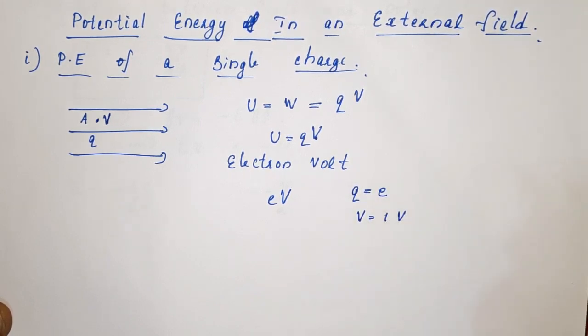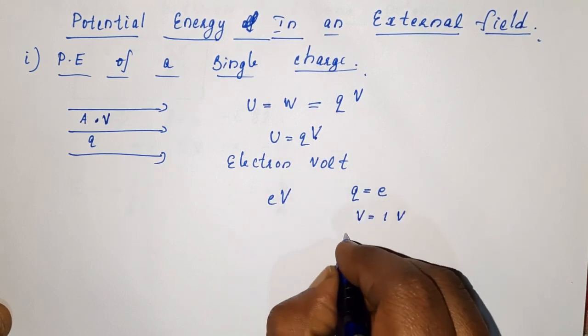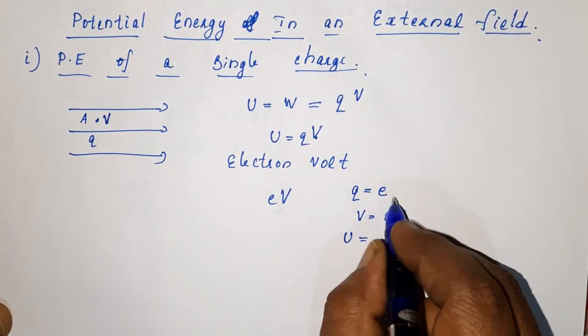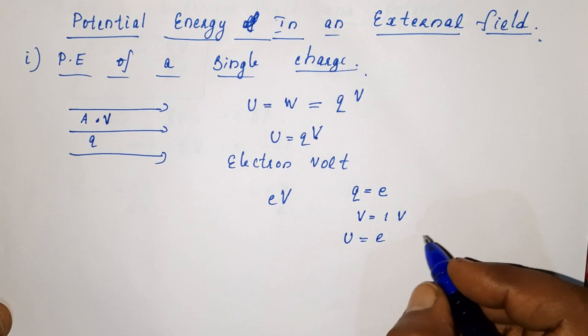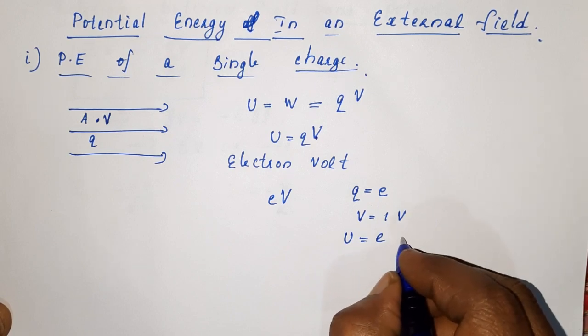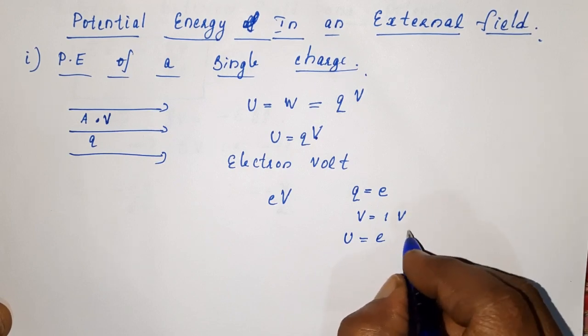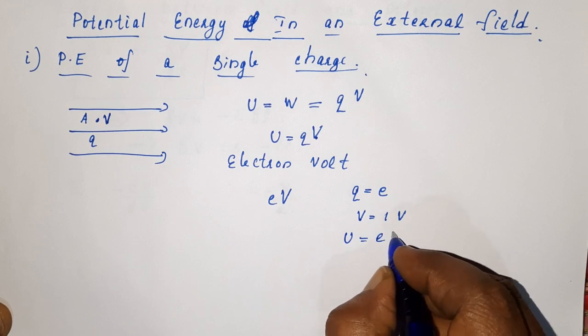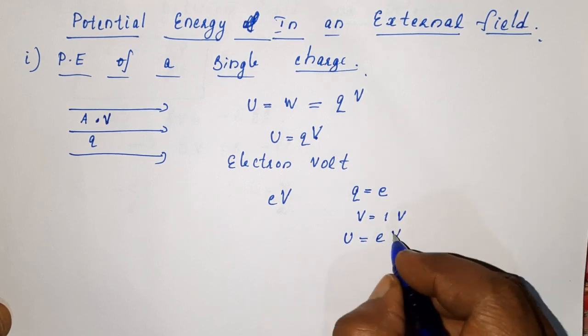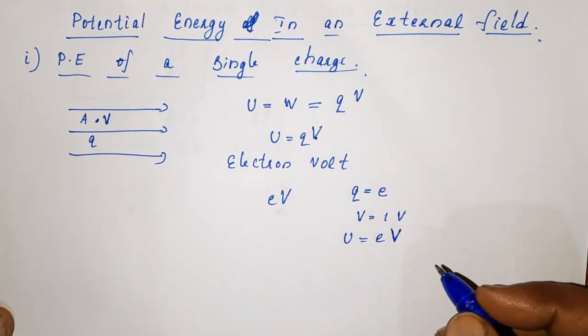Then what will be U? U will be equal to e into 1 joule. So into 1 volt, that volt is there. That's how electron volt comes.